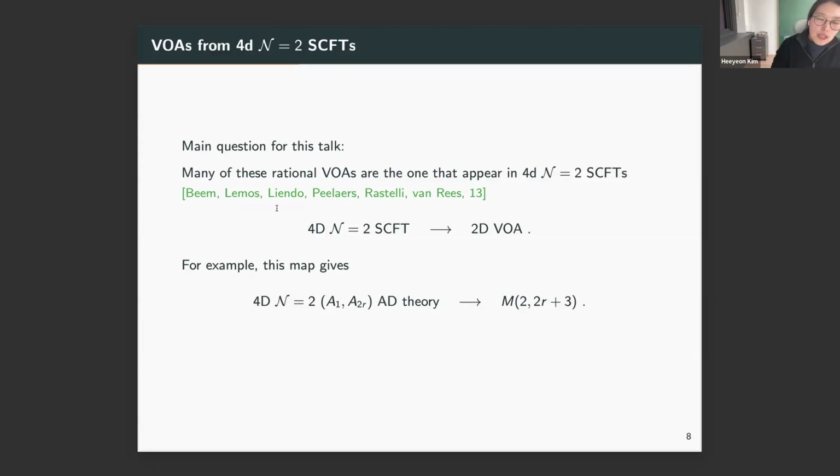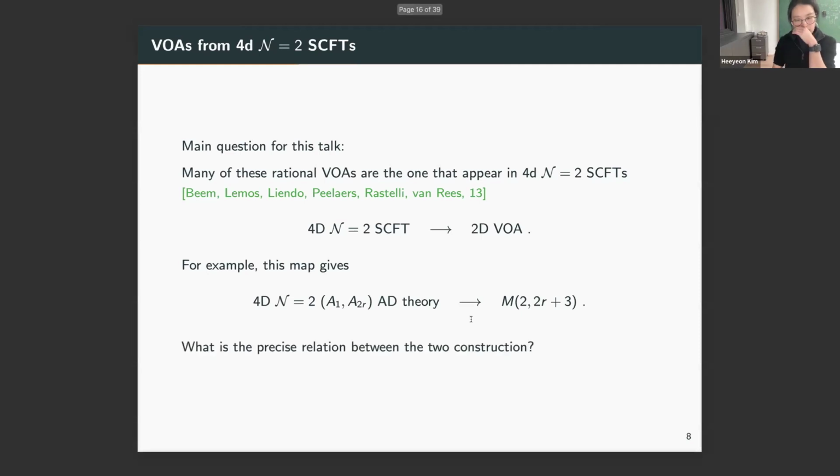In this work by Beem, Lemos, Liendo, Peelaers, Rastelli and van Rees, they constructed a precise map from a given 4D N=2 SCFT to some 2D vertex operator algebra. For example, if you start from the Argyres-Douglas theories of type (A1, A_{2R}), this map gives precisely the Virasoro minimal model M(2, 2R+3), the one that we encountered in one of my previous slides.